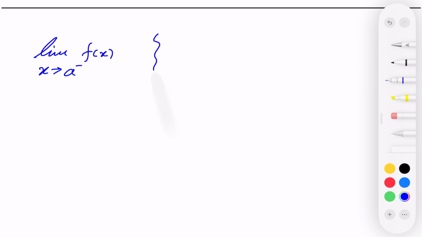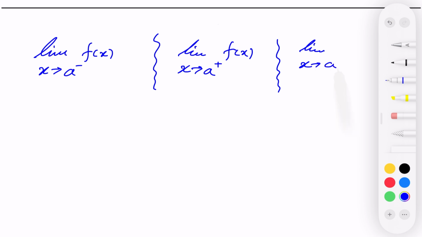We can have the limit as x approaches a from the right-hand side of f of x. Or we can have the limit as x approaches a of f of x. This third one does not specify whether x approaches a from the right-hand side or the left-hand side.